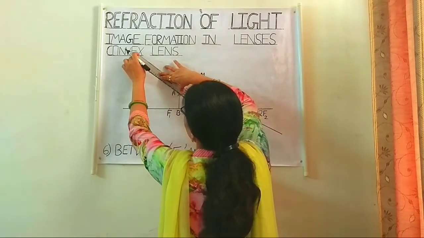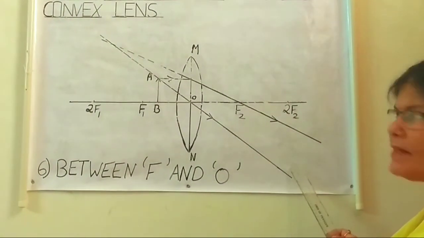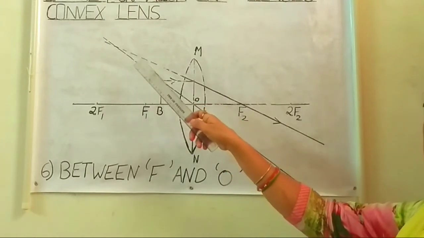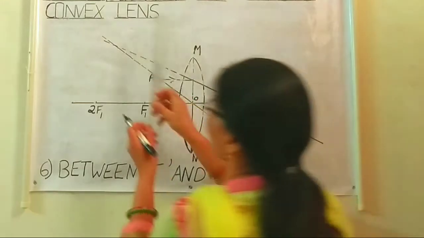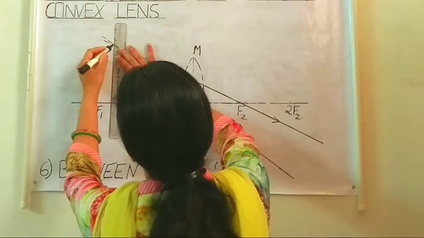So these two rays are not meeting in this direction, but they are meeting in this direction. When we extend these rays in this direction, they are meeting. So here will be our image formation. This is our image formation where these two rays are meeting.